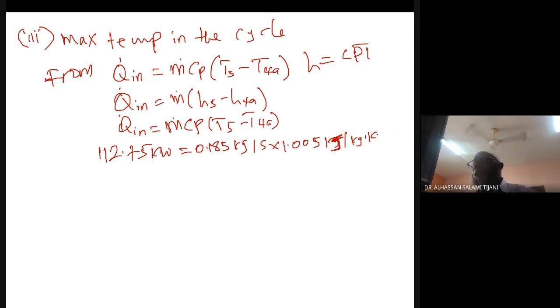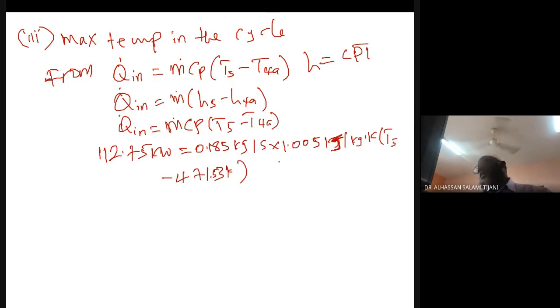And then times T5. Okay, so here we are interested in T5. So that gives me T5 minus T4A. So T4A is the same as T2A, which is 471.53 Kelvin.